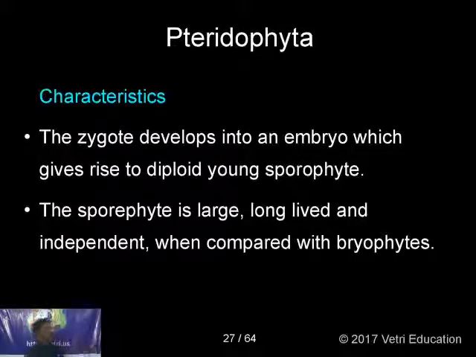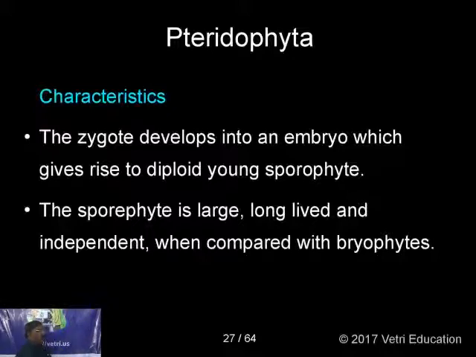This zygote develops into an embryo, which gives rise to a diploid young sporophyte. So you start with a diploid young sporophyte, which again gives the haploid gametophyte, the prothallus. There you can find male and female structures, male and female gametes, they fuse and again give the diploid sporophyte.